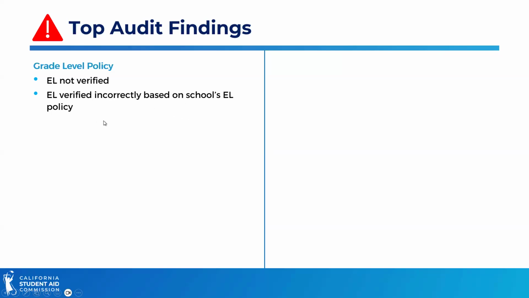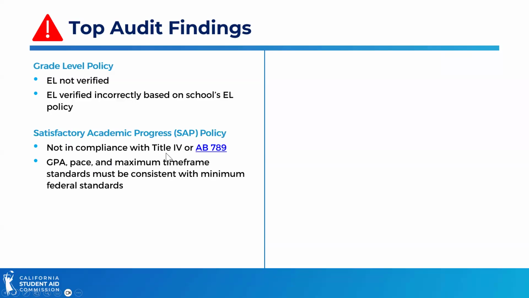And that includes our community colleges as well. Some community colleges will cap their EL at an EL2, so sophomore level, whereas other campuses will actually count it all the way through senior year. So follow your school's policy around education level determination.